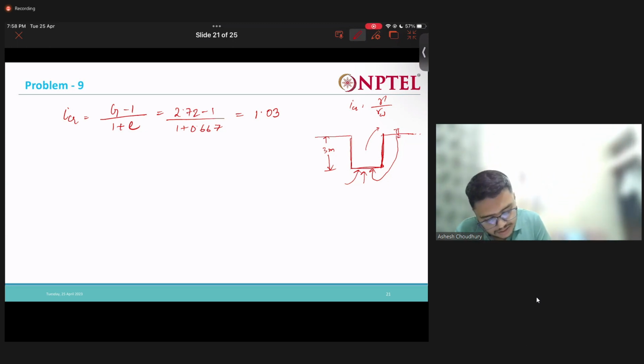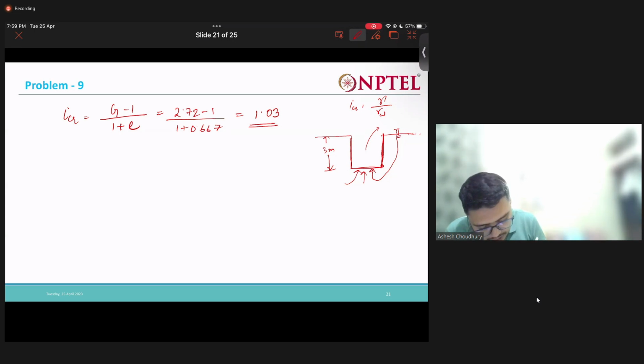So we found out that if the hydraulic gradient is greater than or equal to 1.03, this quicksand condition will occur. Now, what is i? The hydraulic gradient i is nothing but head loss by length.